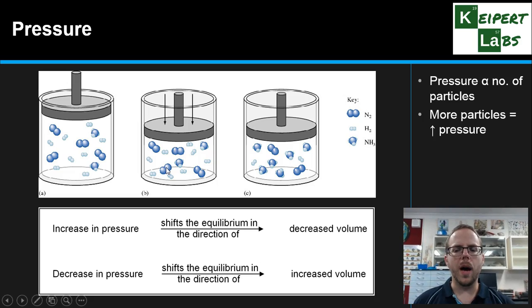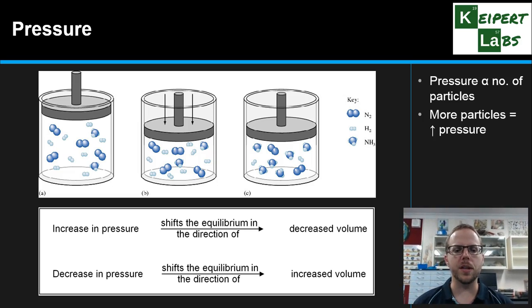So if we've increased the pressure, then it will shift in order to try and decrease the pressure, by decreasing the number of particles of gas, which will decrease the volume. If we've increased the pressure, it will favor the side with fewer gas particles because that will bring the pressure down.